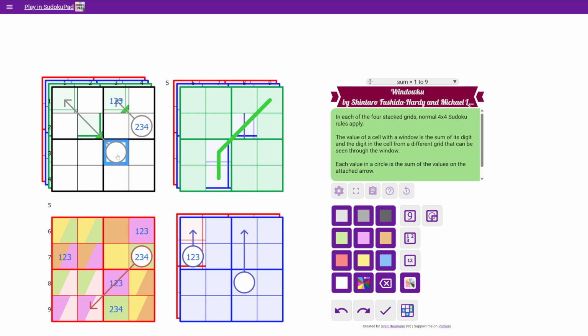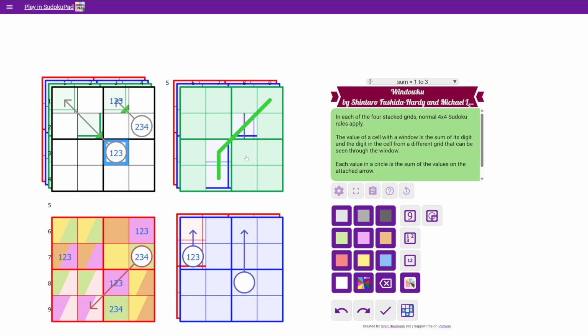This number is going to be added together with that number. So it can't be a 4. It can't be a... Well, this could be a 1 here.